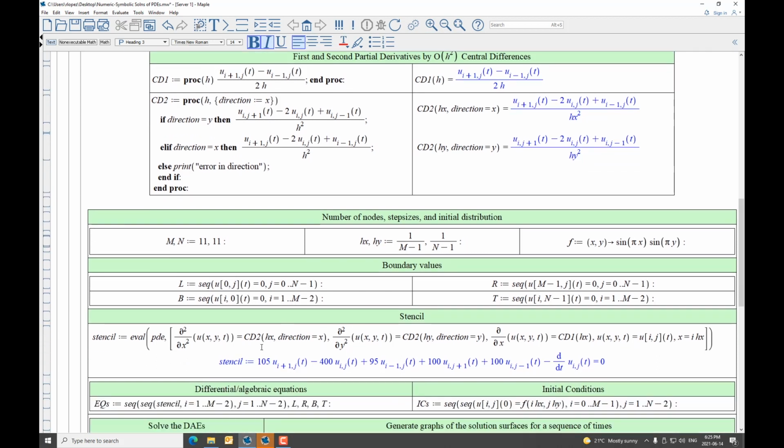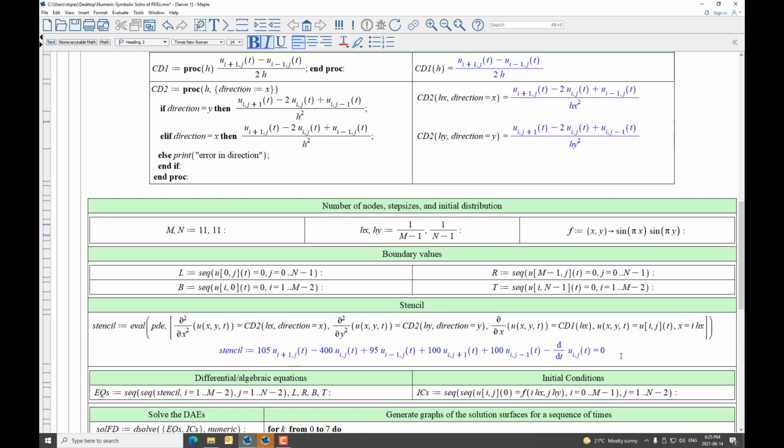Then on the bottom and top, you've got to come in so that you don't double up on the corners. Create a stencil so that each derivative is replaced by the appropriate difference expression. So here's the stencil.